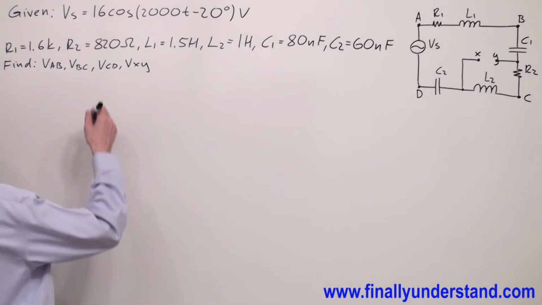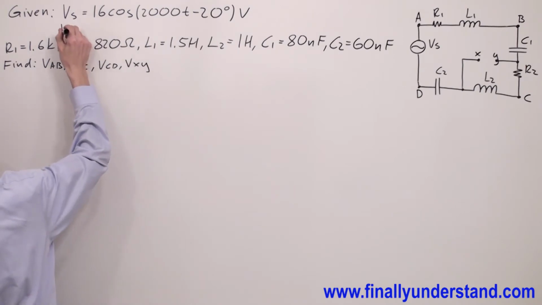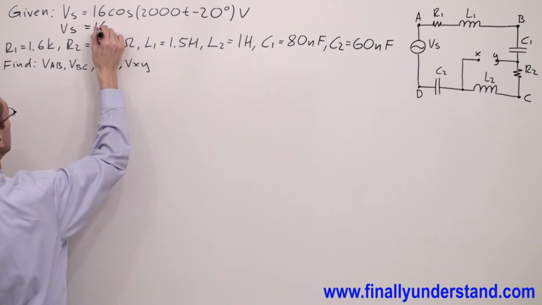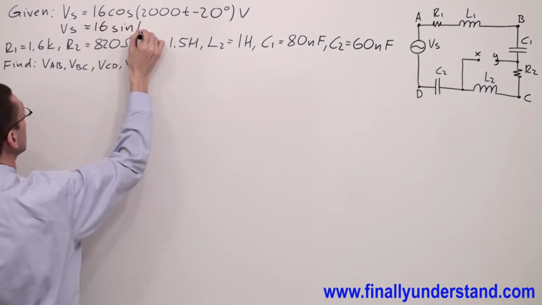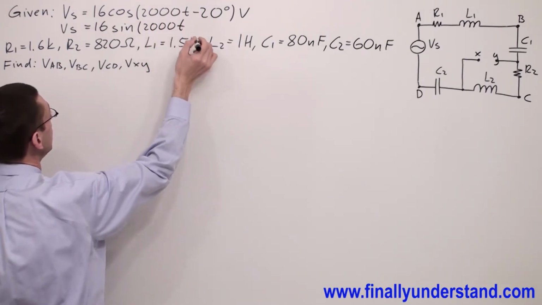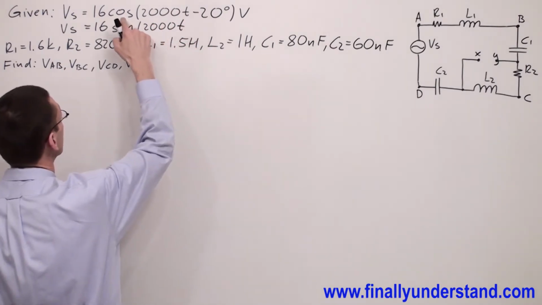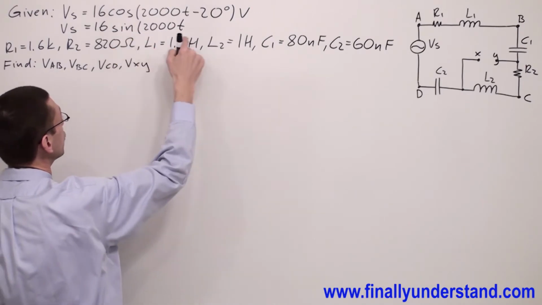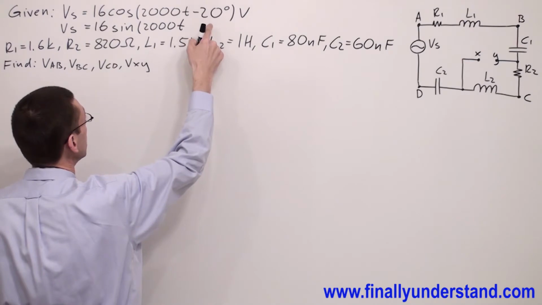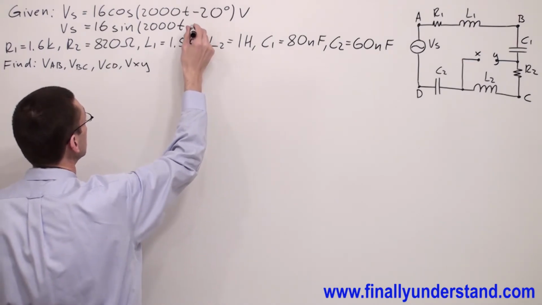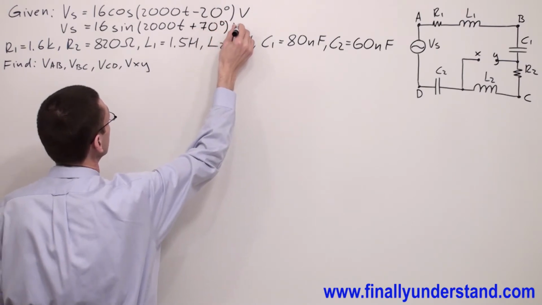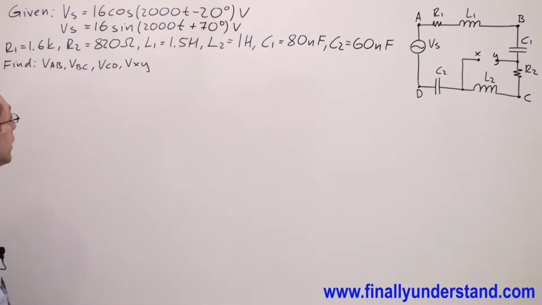So what we're supposed to do first, we're supposed to write that voltage source is equal 16 sine, and I have my omega 2000 t, and in order to convert cosine to sine, we're supposed to add 90 degrees to the phase angle. So negative 20 degrees plus 90 degrees gives me positive 70 degrees, and everything of course is volt.